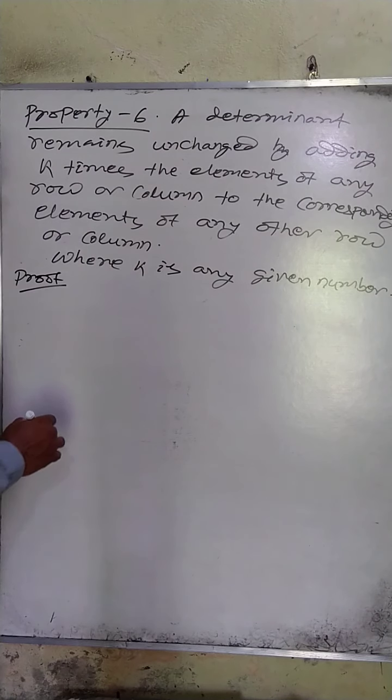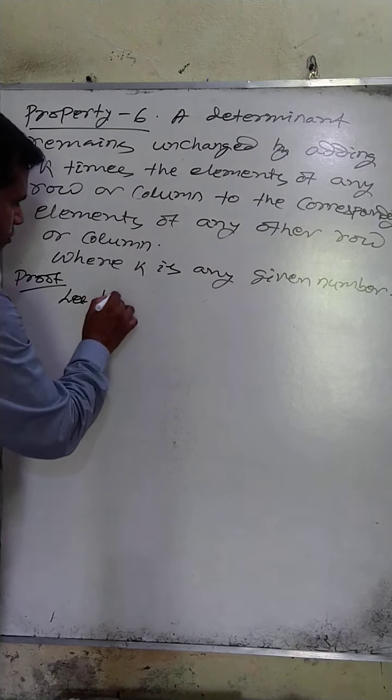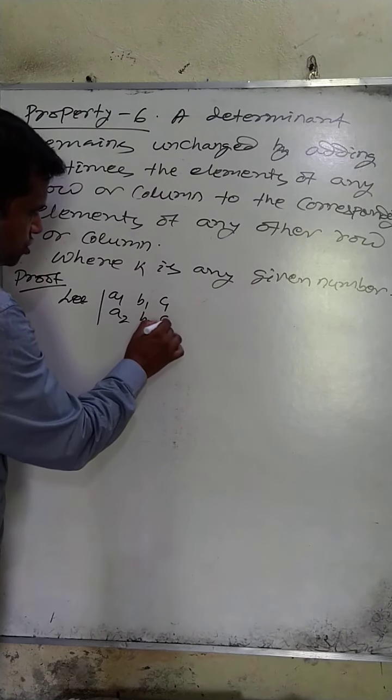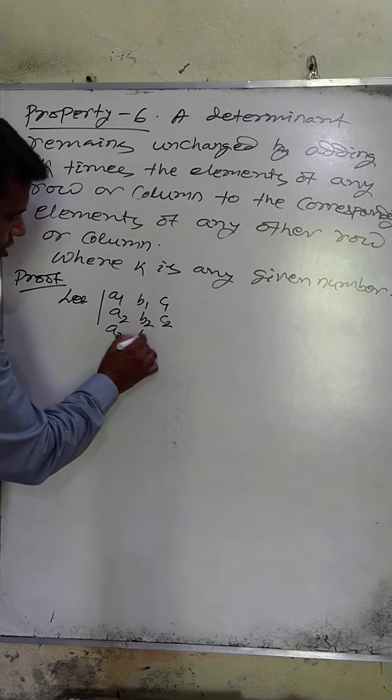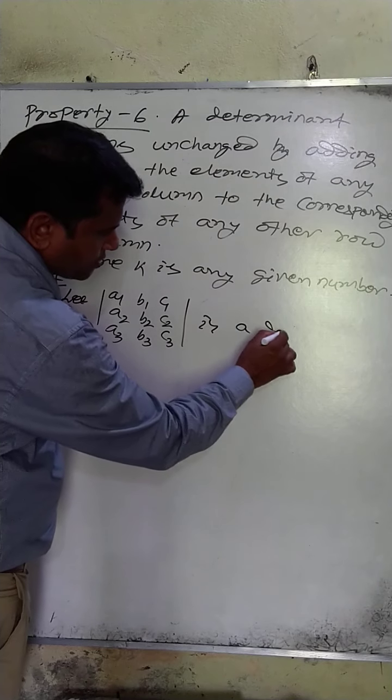Okay, let a1 b1 c1, a2 b2 c2, a3 b3 c3 be a determinant.